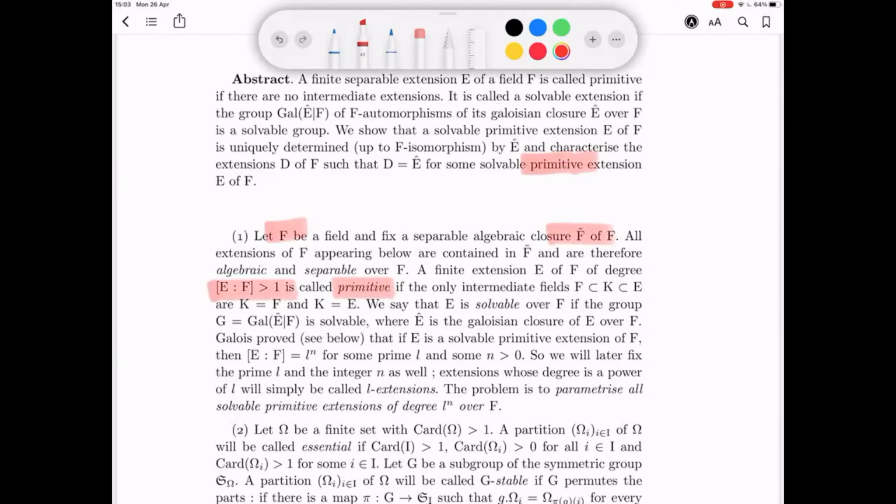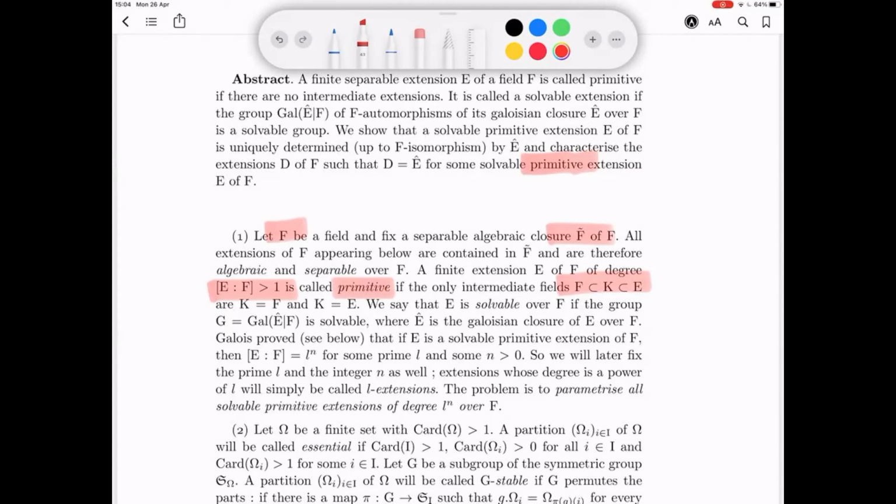This is an extension E of F of degree strictly greater than 1, such that there are no intermediate fields between F and E. So F is fixed, and you're looking at finite separable extensions E of F of degree 2 or more, distinct from F, but such that there is no field which contains F and is contained in E. Obviously, if the degree of E over F is prime, then it's going to be primitive in this sense.